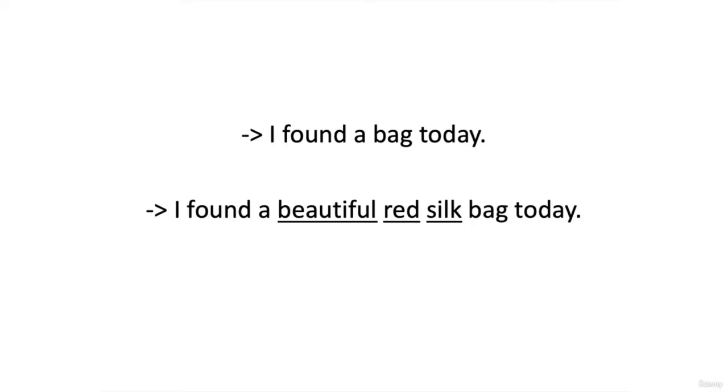Not only do we have a description of the bag, we can imagine what it looks like in our head. We also have a sense of how the speaker feels about the bag. Beautiful indicates that they are very happy with the bag they found. See how the adjectives give you a better idea of what is happening in the sentence?